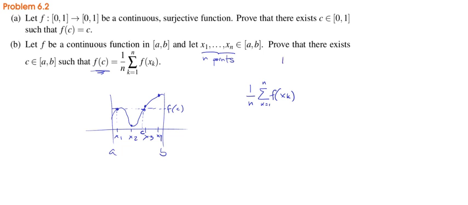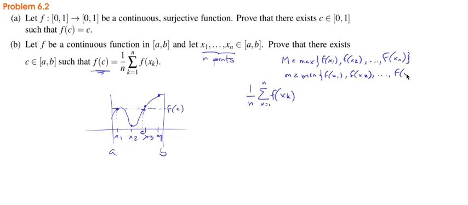So there's going to be a maximum for them, the maximum of f at x1, f at x2, and so on up to f of xn. And it's also going to have a minimum, because this is a finite set. In finite sets, there's always a minimum and a maximum whenever you have real numbers. So the maximum and the minimum.